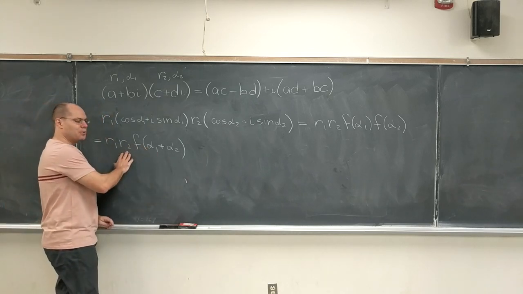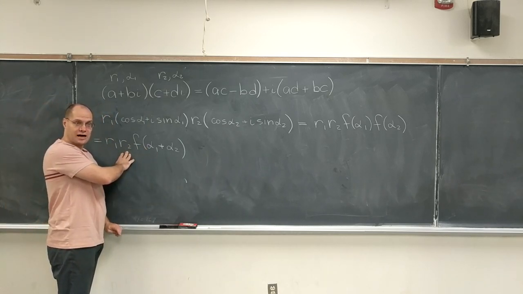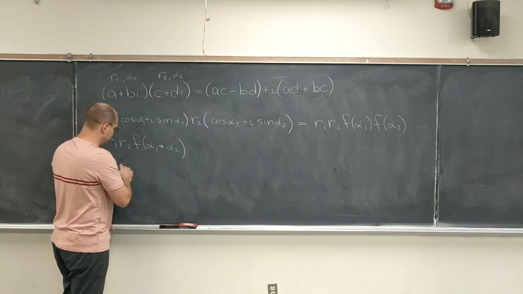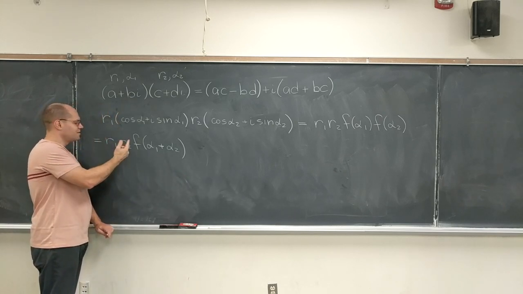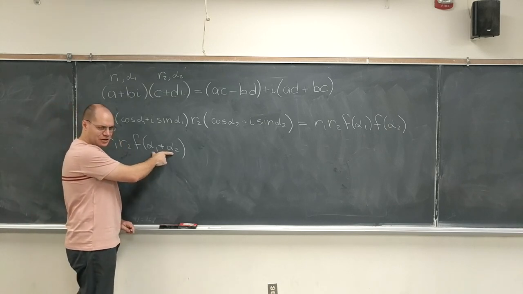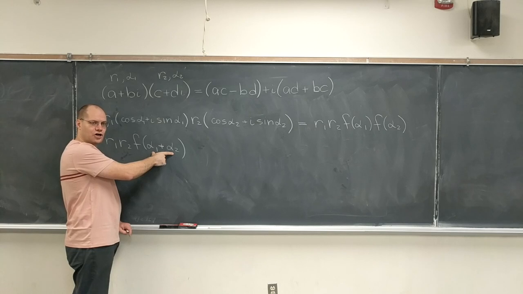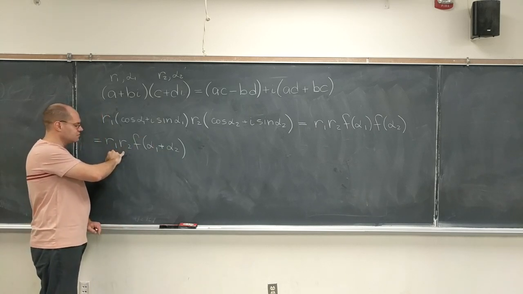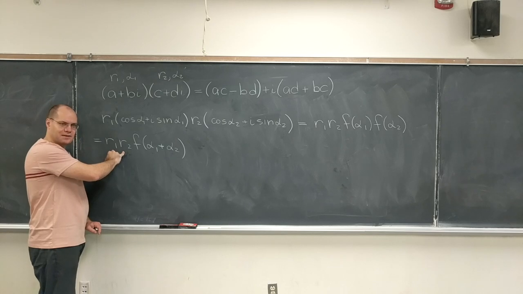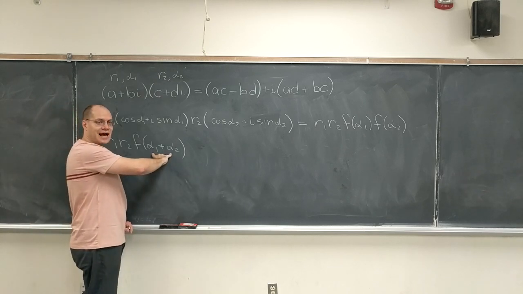But when it comes to the polar form, the product can be defined, or at the very least described, as the product of the absolute values. So the result has its own absolute value, and I may not have mentioned this term, but the angle is called the argument. So the absolute values multiply and the arguments add.